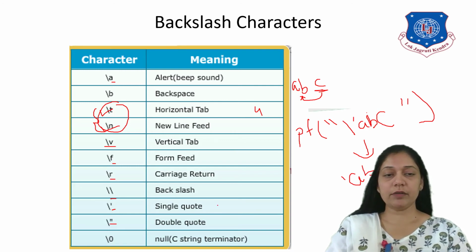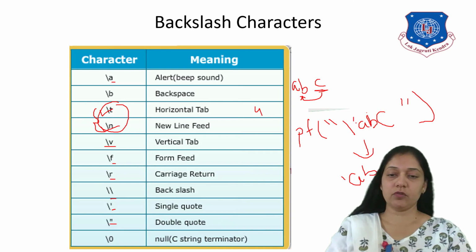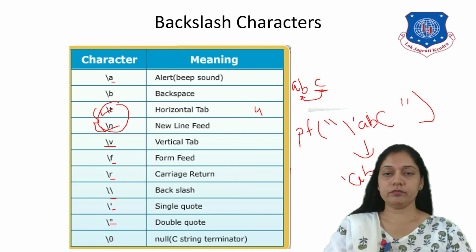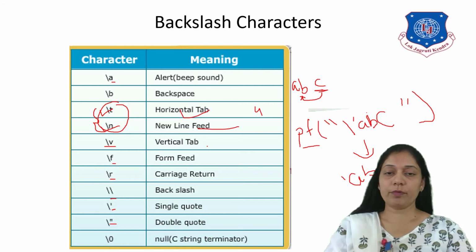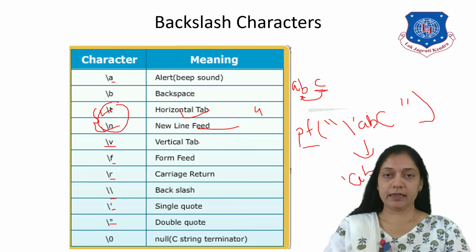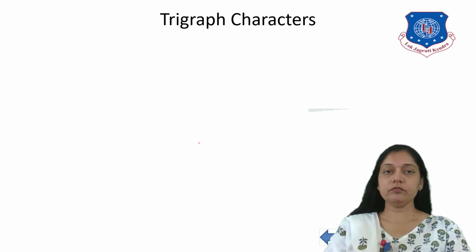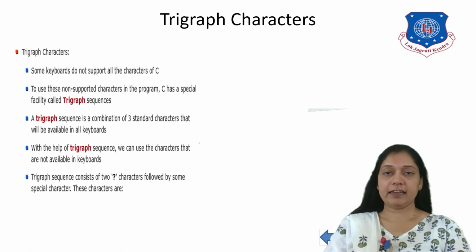If you want double quotes, then you write backslash and double quotes. And we have the null character, which marks the end of the string, that is the string terminator, \0. So these are different backslash characters which you can use either in printf or scanf in your program, and whenever you use this backslash, it will follow these particular operations in your output display or input.